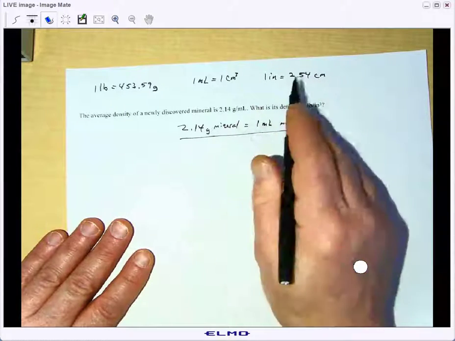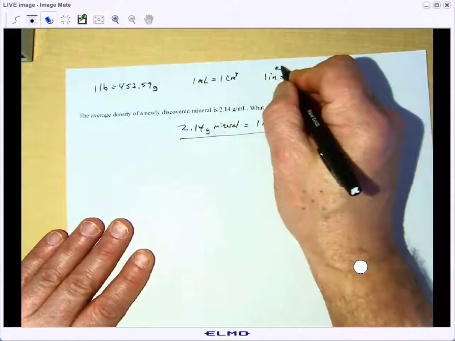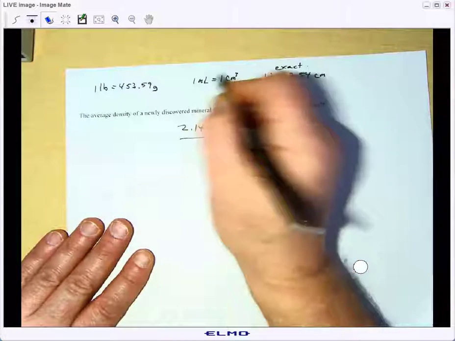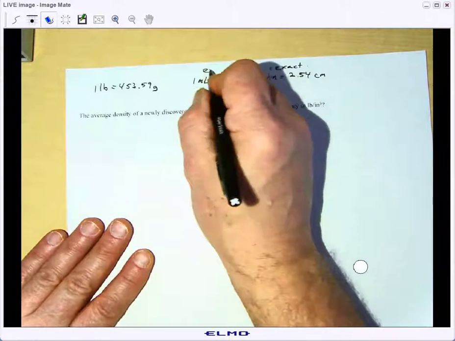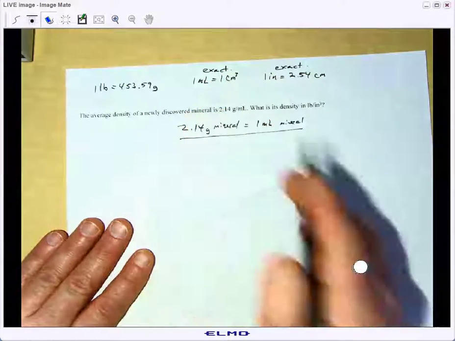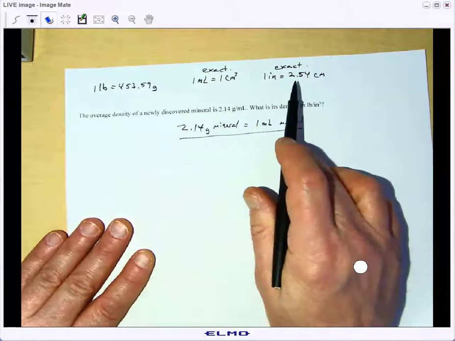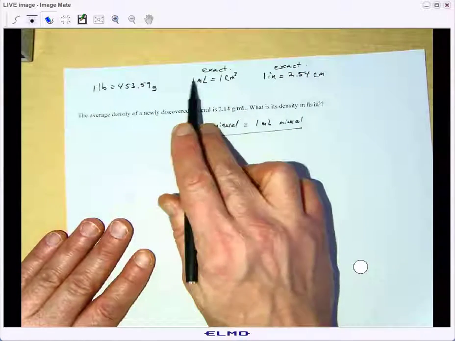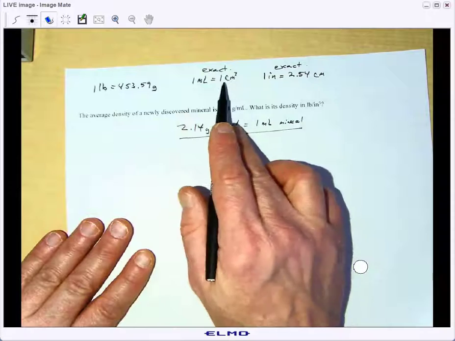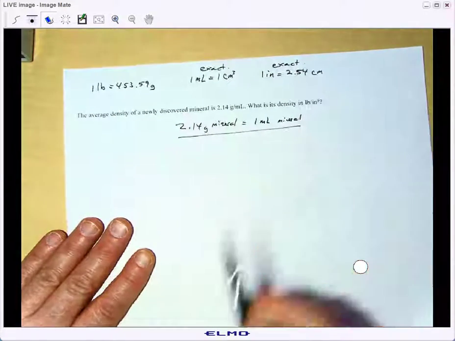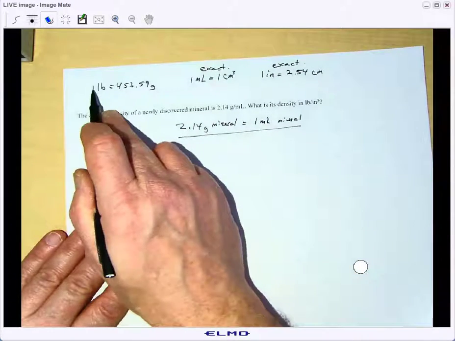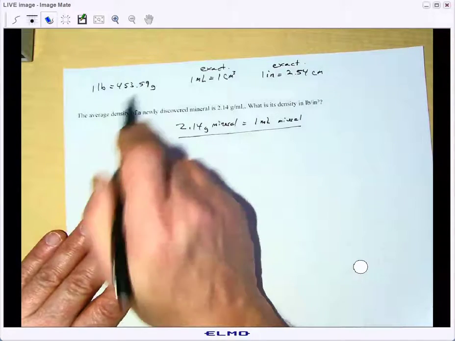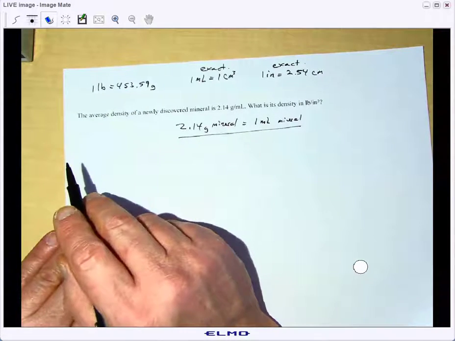Now, this is a definition. This is an exact number. In fact, this would be exact as well, meaning they don't have any significant figures to worry about. You can essentially think of this as an infinite number of sig figs, and this also, and that also, right? So this would be an infinite number of sig figs, but this one only has 5, okay?